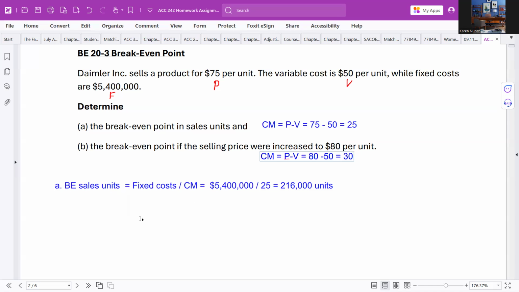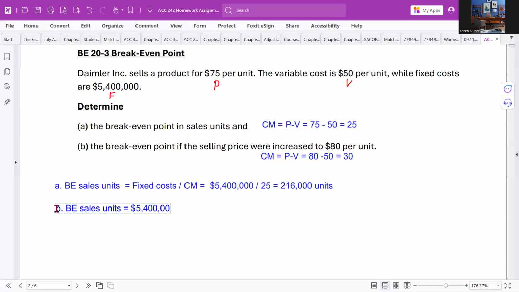So now if we want to redo this calculation, in B we want to calculate a new break-even. Again, the break-even sales units is going to be those fixed costs, and the fixed costs are still $5,400,000. They're unchanged.